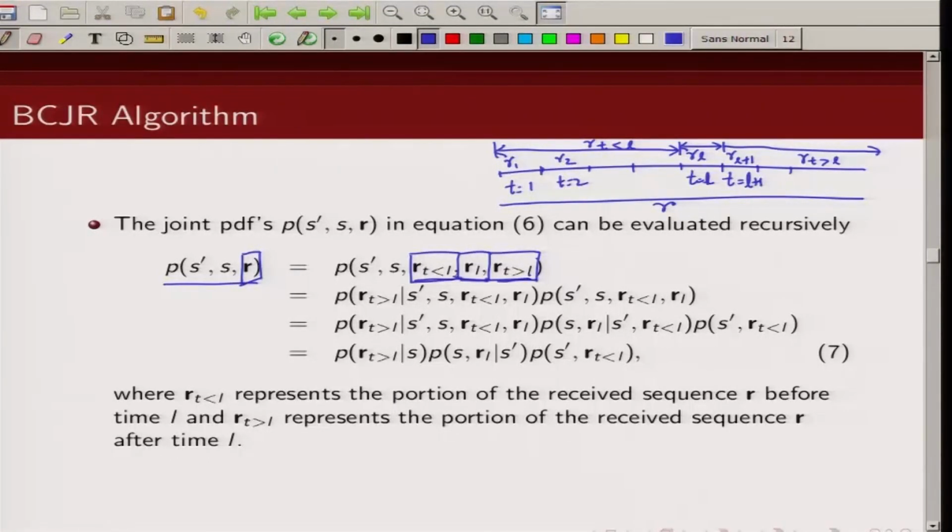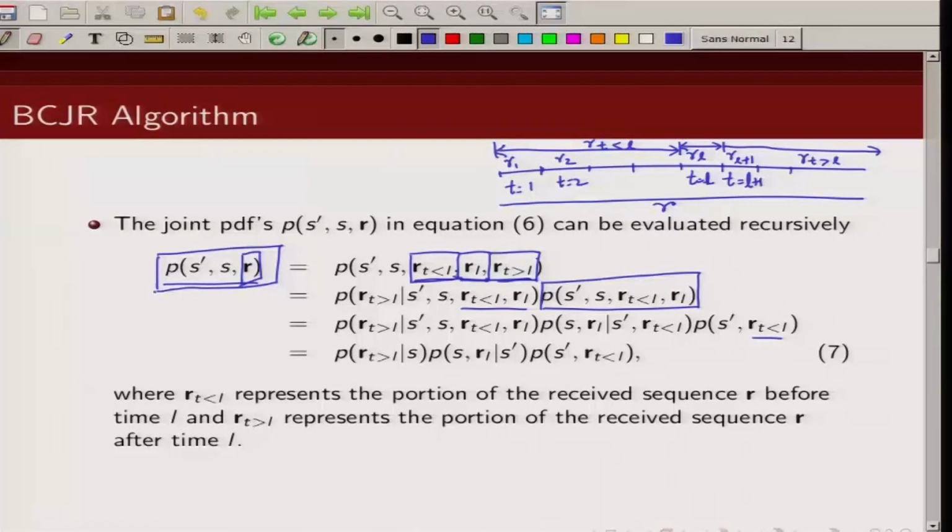Now, using Bayes rule, I can write this probability as probability of R at time greater than L given S prime and S, into probability of S prime, S and R at t less than L and R L. Now, subsequently, I can further simplify this, again apply Bayes rule, and I can write this as probability of S and R L given S prime and R t less than L, into probability of S prime and R t less than L. So, note now this term that I had here.